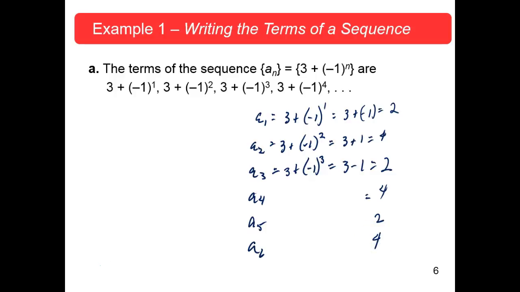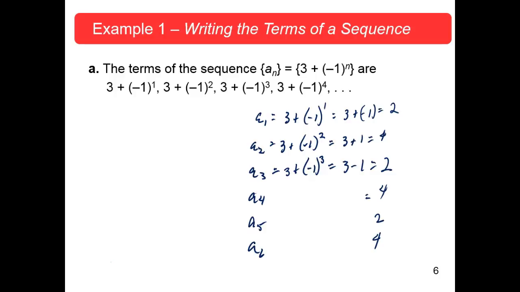So in other words, for every odd term the value in the sequence is 2. For the even terms it is 4. Now, without even defining it, do you think that sequence converges? No. It keeps bouncing back between 2 and 4, and 2 and 4. It's not heading anywhere.